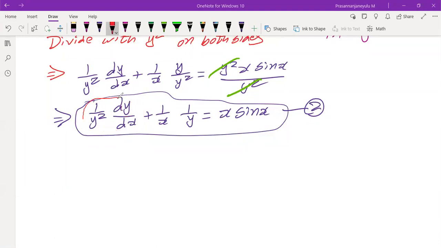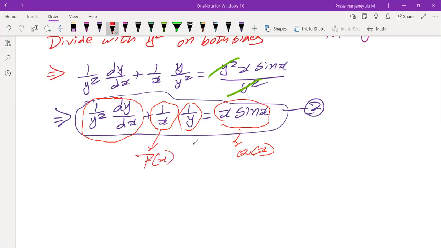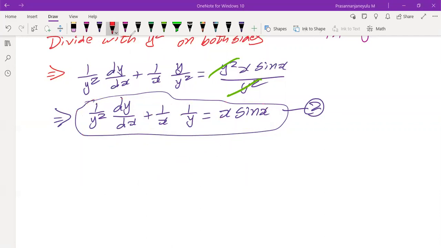So treat this as dy by dx plus p of x into y is equals to q of x. So this is q of x and this is p of x. In place of y, what we have? 1 by y. So what we have to substitute? Substitute 1 by y is equals to a new variable. That is important. So put 1 by y equals to a new variable z.